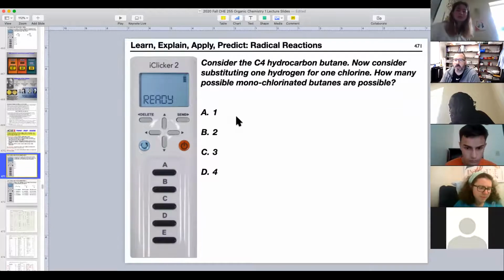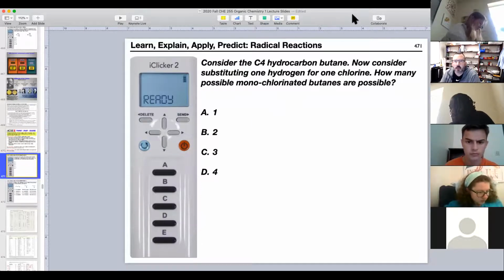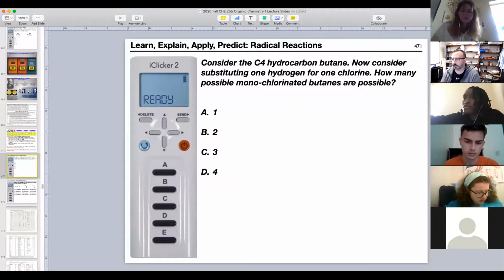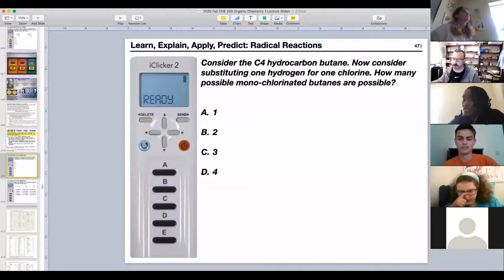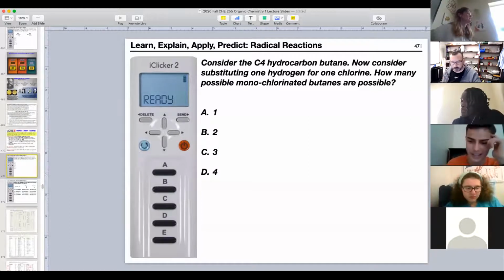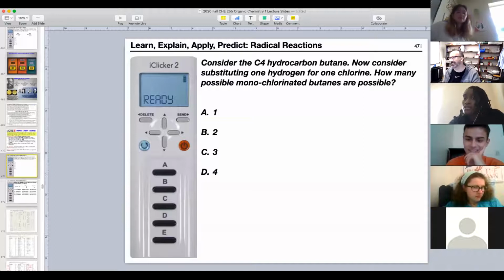Consider substituting one hydrogen for one chlorine. How many possible monochlorinated butanes are there? I think if you squint, you can see the next slide in the slide deck and probably get the right answer.